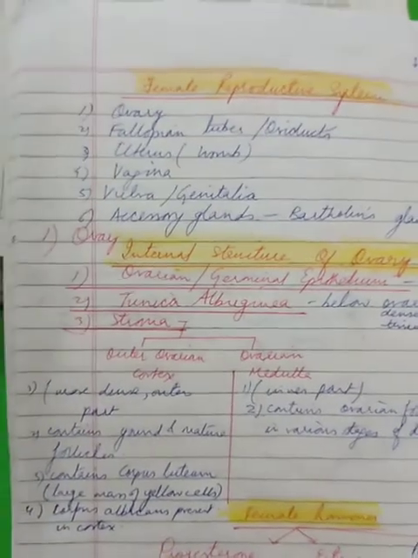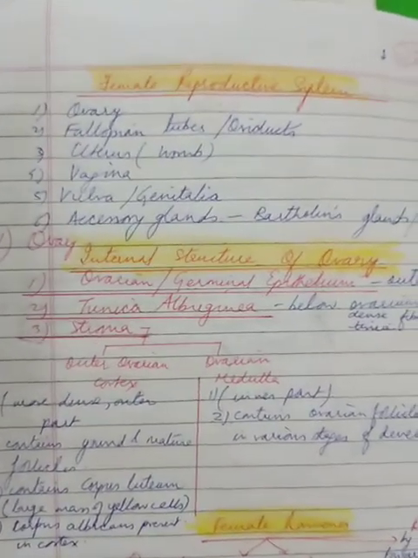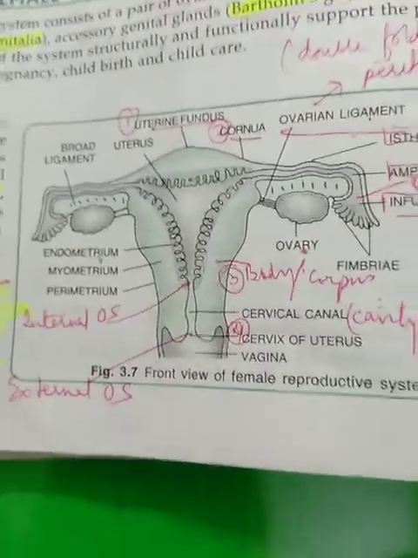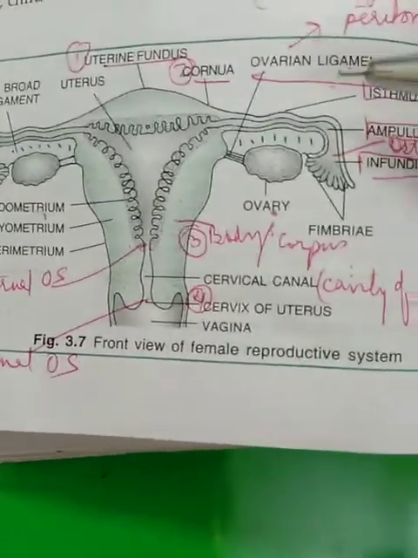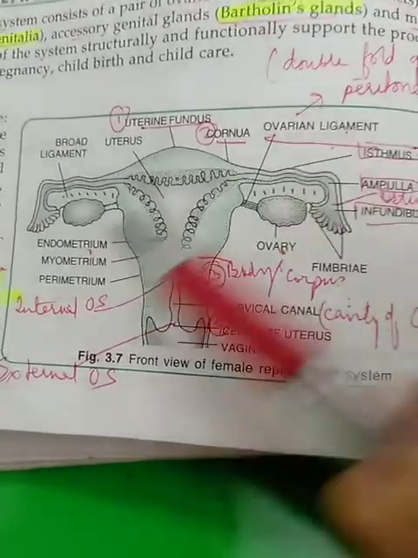So today we will start with the female reproductive system and the microscopic anatomy of ovary. The female reproductive system, if you remember this diagram because you have studied in class 10th, so let us begin. The female reproductive system consists of a pair of ovaries.